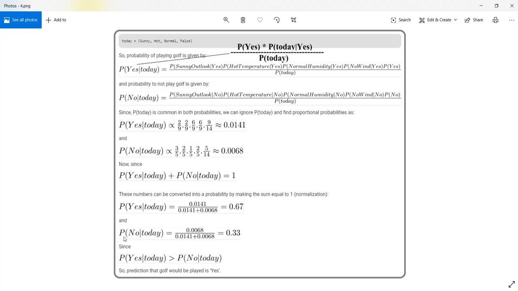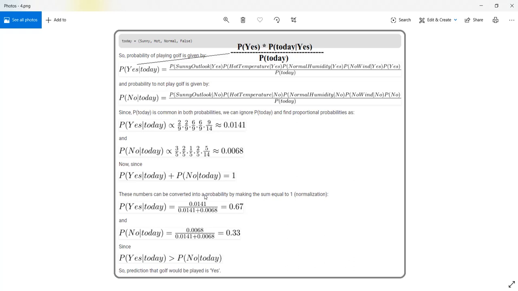You see here the probability of not playing golf based on today's condition is this one, and the probability of playing golf based on this condition is this one. All right, since the probability of yes is greater than the probability of no, this particular data point we will categorize as yes, play golf on that day. All right, so this is cool stuff.